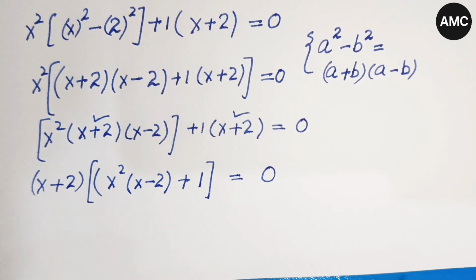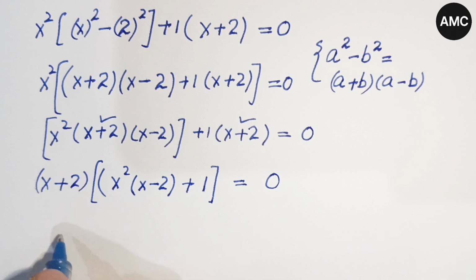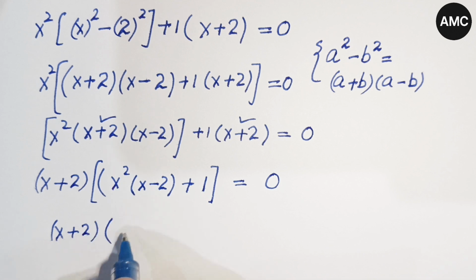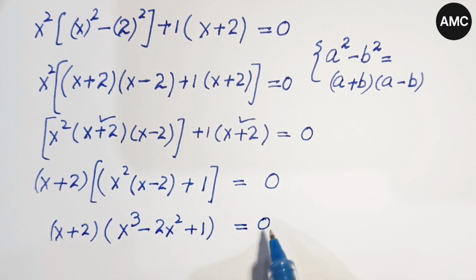Now this x squared can be multiplied with x − 2, so we get (x + 2) times (x cubed − 2x squared + 1), which is equal to 0.